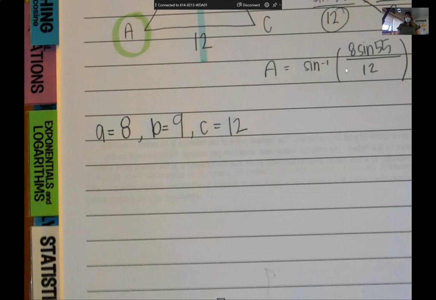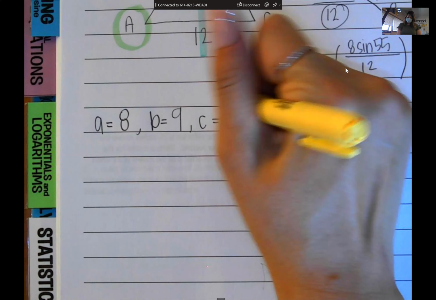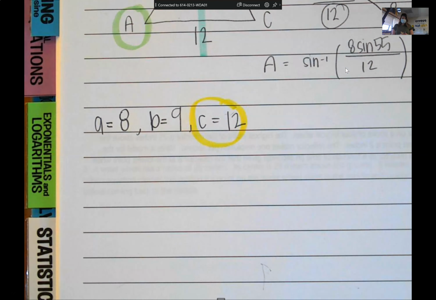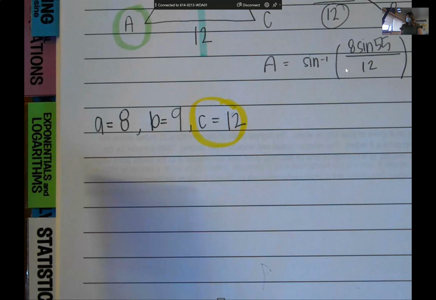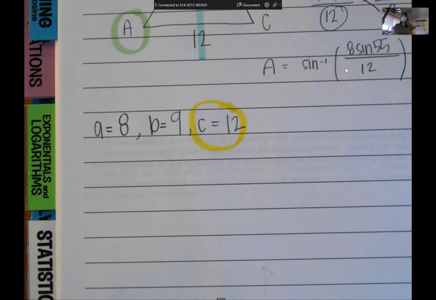So we are going to use side C because it is the longest side. Now see if you can remember how you plug that into the law of cosines. Give you like 60 seconds.